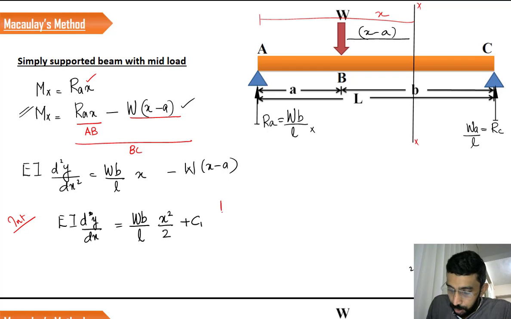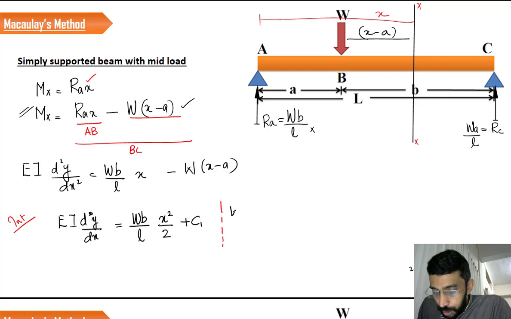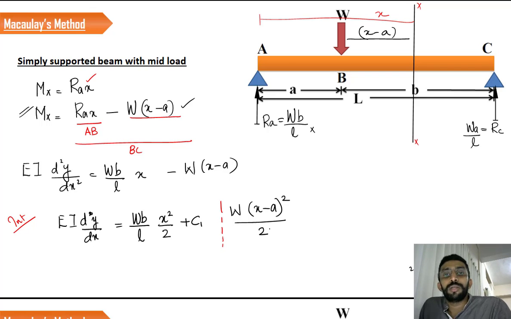Now I will create a fence here. From here onwards everything is going to change. I am considering W into x minus a as a single block, and I will integrate it like this. x minus a is considered as a single block, so x minus a the whole square by 2 is the equation we are going to get. Here there is no integration constant. The integration constant is added with the first term, right?